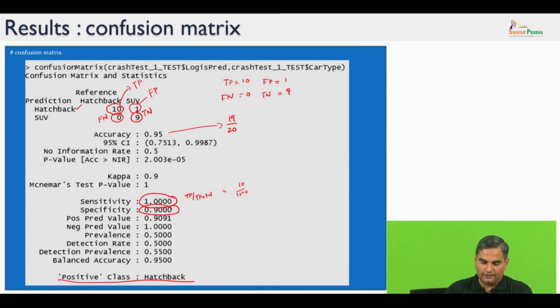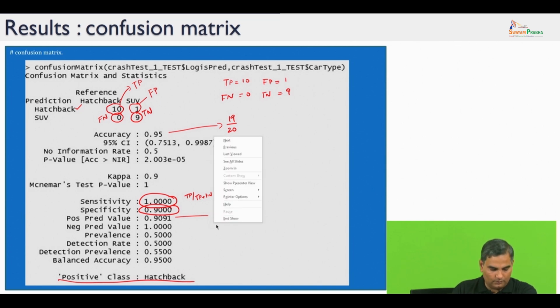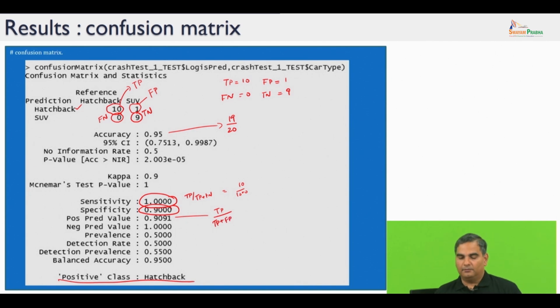Now, let us look at the positive predictive value. The positive predictive value is one where, of all the labels that were identified as positive, how many of them were actually true positive. So, this would be true positive divided by true positive plus false positive, because we are talking about all the labels that are identified as positive, of which how many are true.